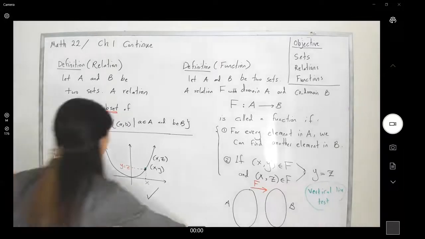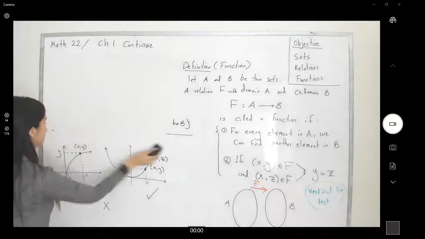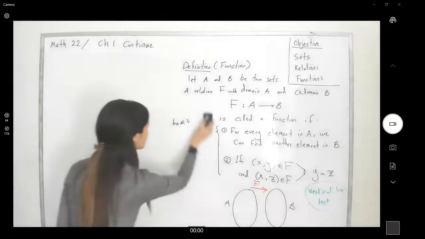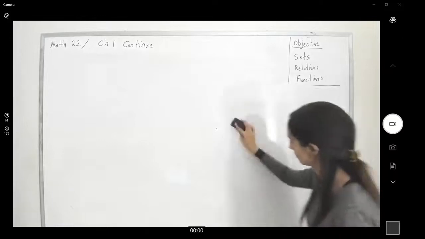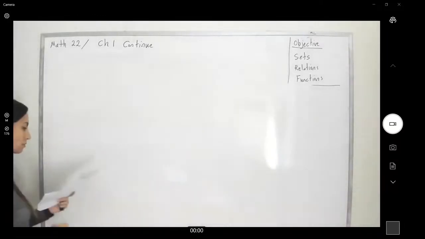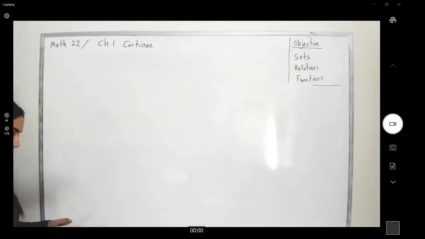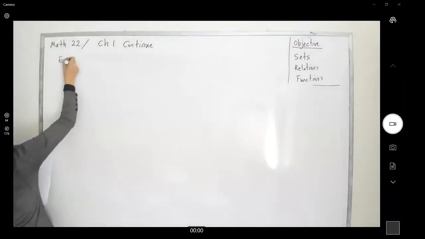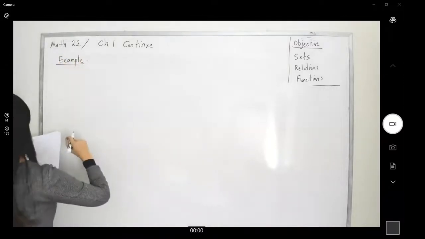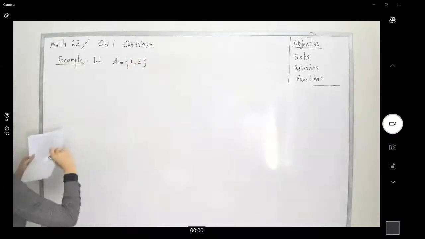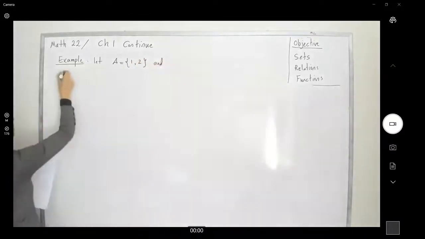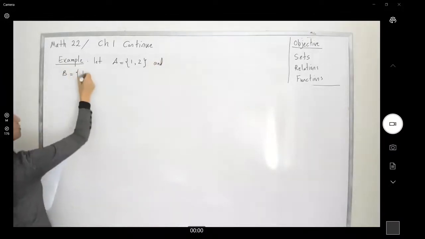Two examples for you. Well, this example says let A be a set including 1 and 2, and B be a set including 1 to 3.